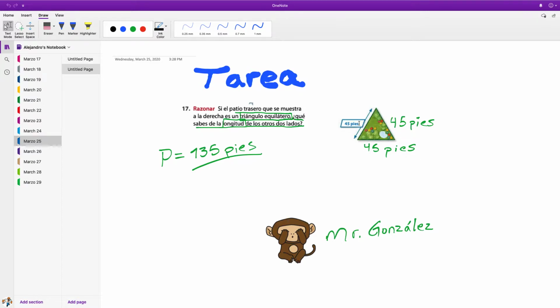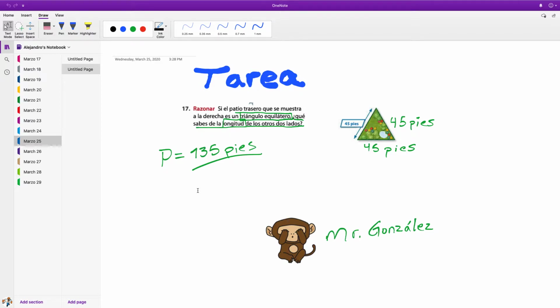How did we get 45, 45? Because we knew this was an equilateral triangle. That means all sides are equal. So if they are giving us this side, which measures 45 feet, we know all the sides measure the same. So we got 45, 45, 45.